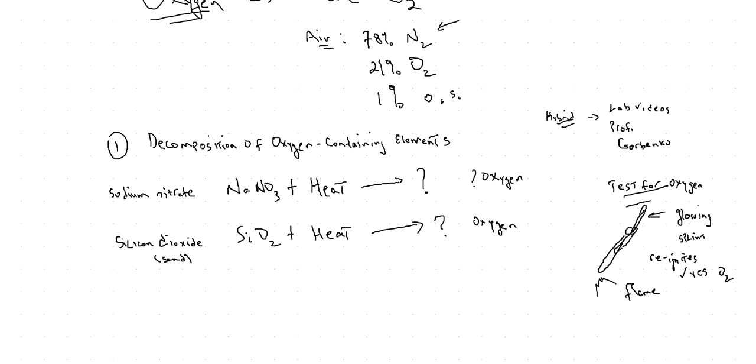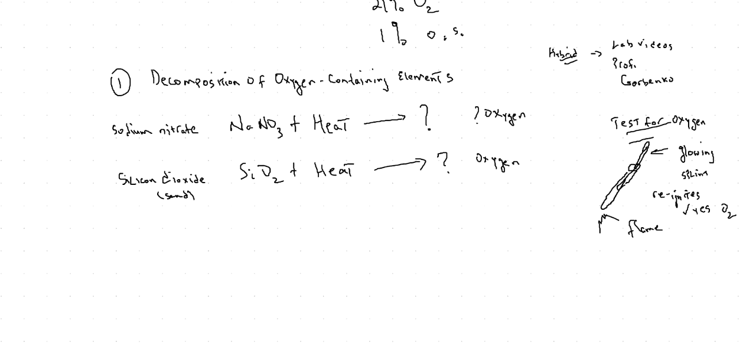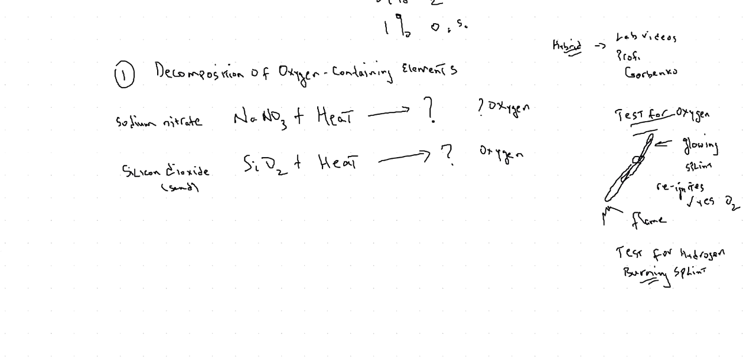The test for hydrogen is a burning splint. So you light a splint, a piece of wood, on fire, and you put it inside the test tube.